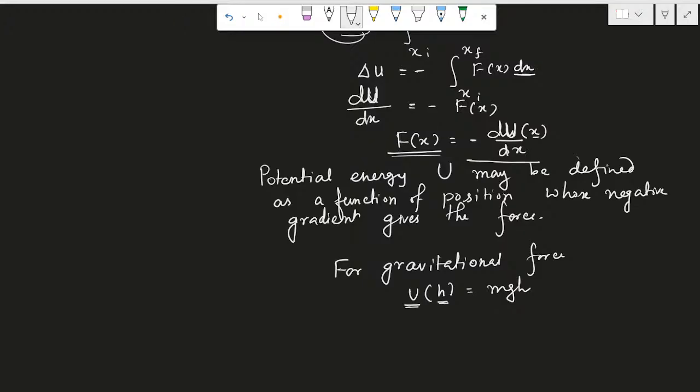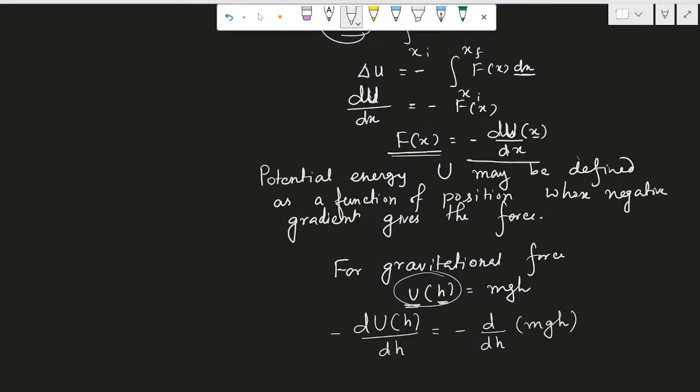Now if you take the negative gradient of U of h, that is minus dU by dh, that gives minus d by dh of mgh.